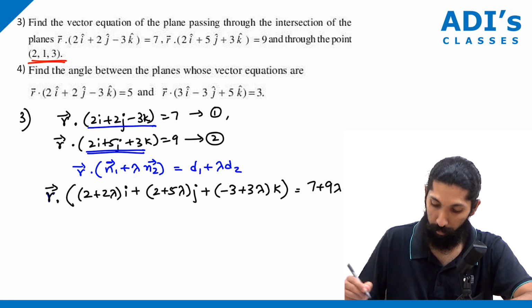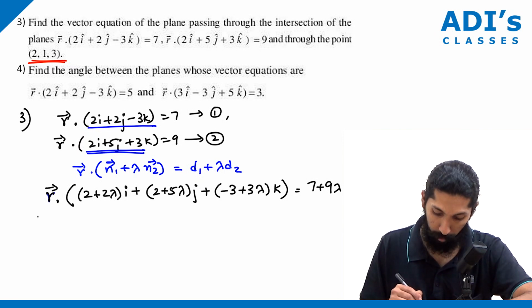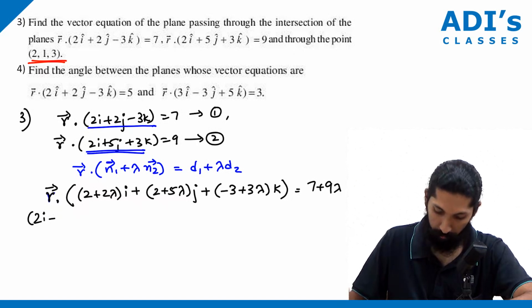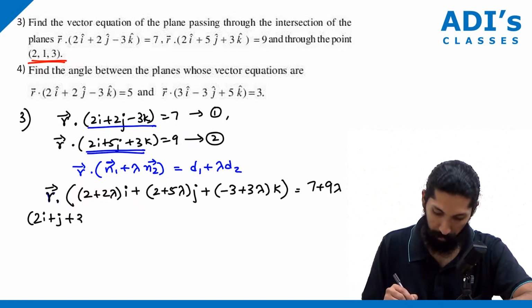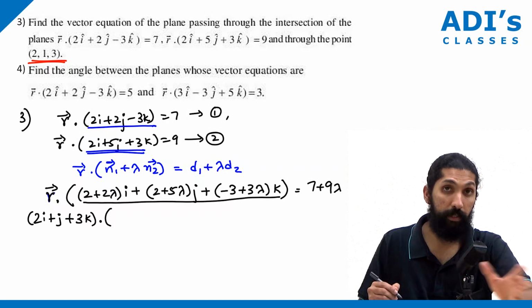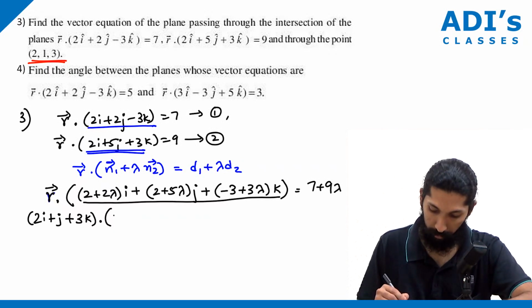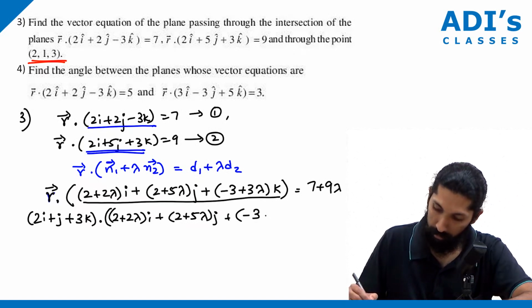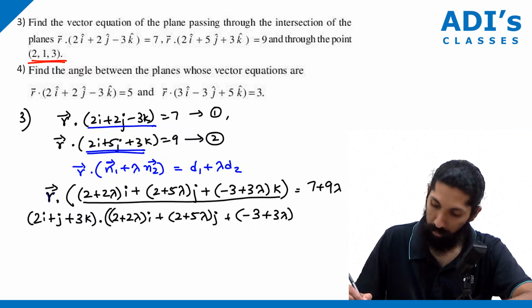That means we take the dot product of 2i plus j plus 3k with the entire n vector: (2 plus 2 lambda) into i plus (2 plus 5 lambda) into j plus (minus 3 plus 3 lambda) into k is equal to 0.